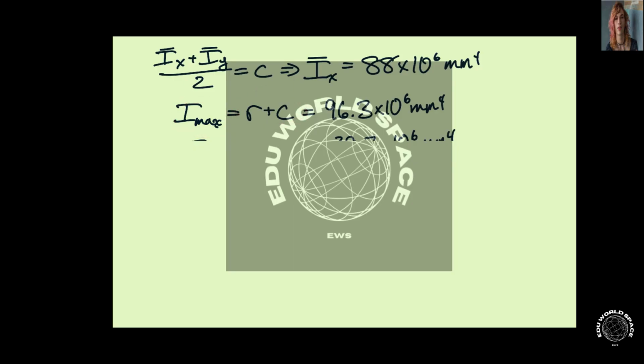And again, that would be about centroidal. And that is 96.3 times 10 to the 6th millimeters to the 4th. The minimum, c minus r, is 39.7 times 10 to the 6th millimeters to the 4th. And that is all we were asked to find.